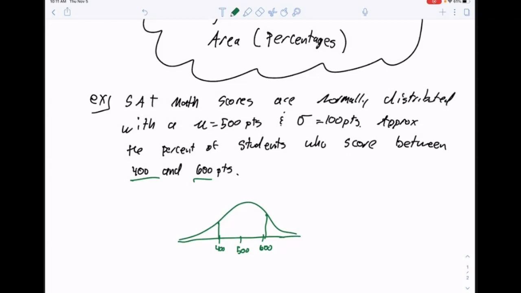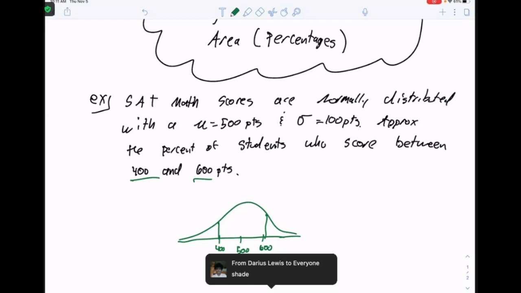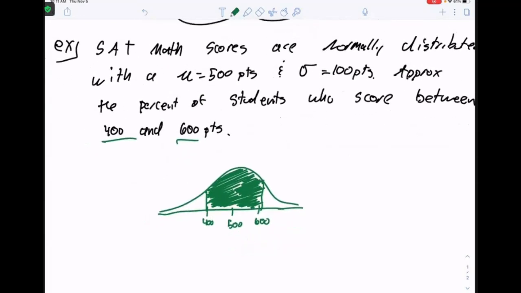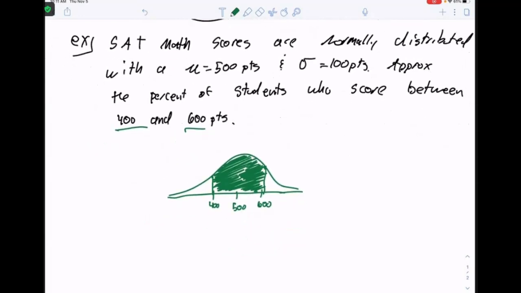What is my sketch missing? Shade. Yeah, thank you, Darius. Shade. I want to find between, so I want to find that area. Okay. Next, what do I find? Go through that checklist. Look at yesterday's notes.